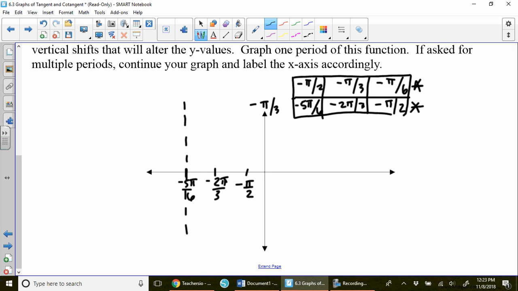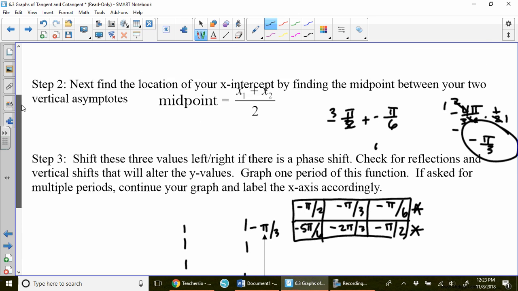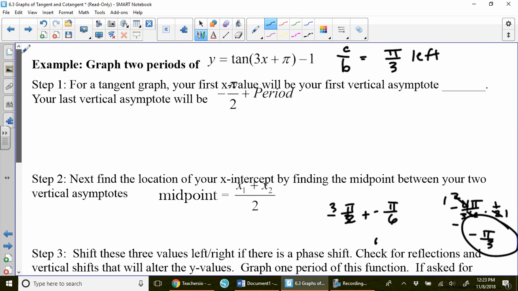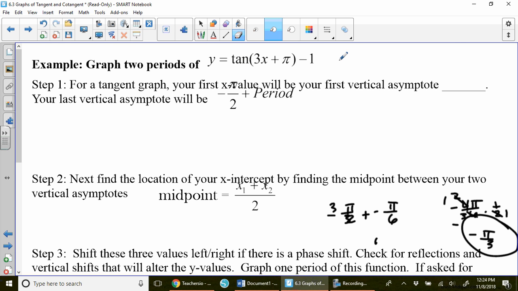So there are vertical asymptotes on each of the end x values. And we know that our graph is supposed to cross the x-axis in the middle. So the only thing that's going to change that is if we have any vertical shift. So if you notice, this tangent function is getting moved down 1 unit based on this minus 1 on the end.